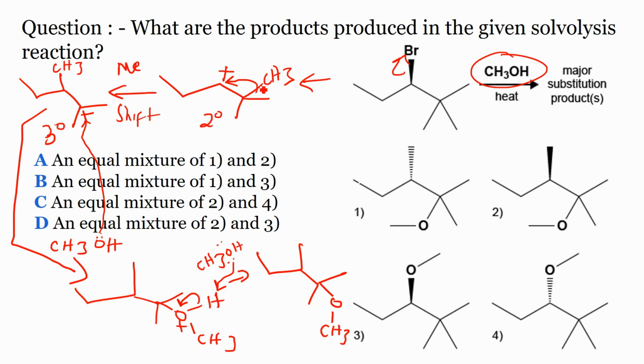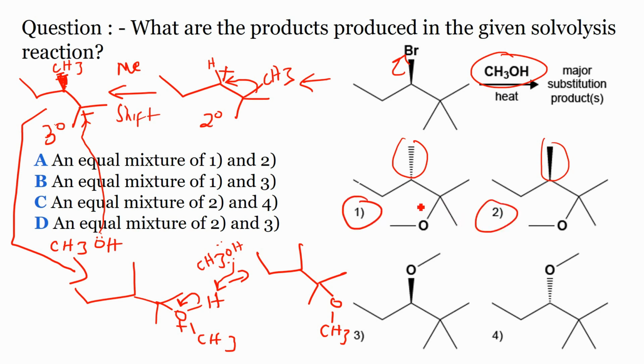Whenever this methyl is going to attach to the plus sign, this C plus is planar, trigonal planar. The methyl can attach from the top side to get that, or the methyl can shift and attach from the bottom side to get that. But eventually, each of those carbocations, whether this is on top or the bottom, will be attacked by the methanol here. So really the answer is 1 and 2.